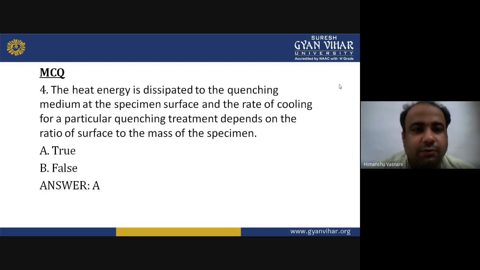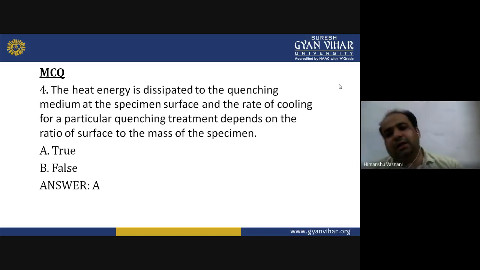It's true. Now the heat energy is dissipated to the quenching medium at the specimen surface, and the rate of cooling for a particular quenching treatment depends on the ratio of the surface to the mass of the specimen. Is it true or false?